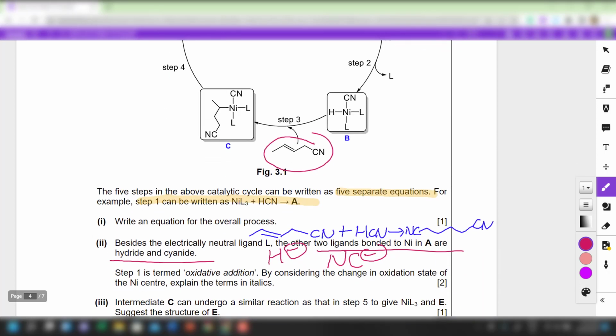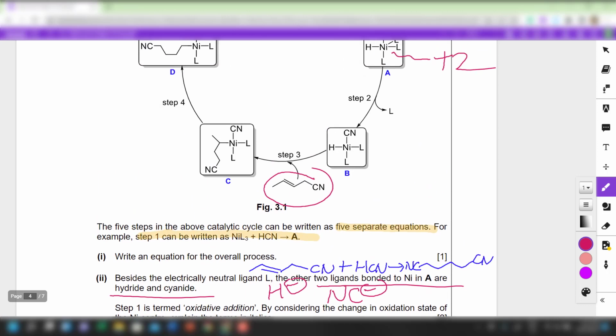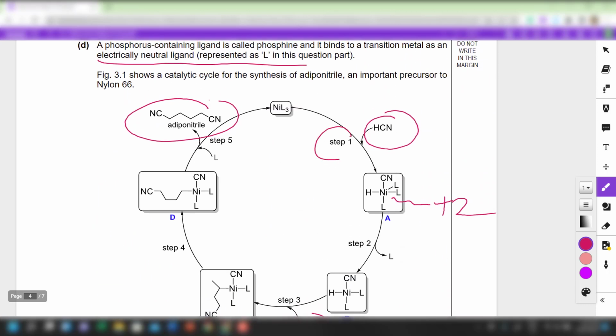But what happens after that? You were told that step 1 is known as oxidative addition. So step 1 is over here. I'm jump-starting a little bit, so I'm talking about A. The catalyst over here, Ni, the oxidation state is 0.